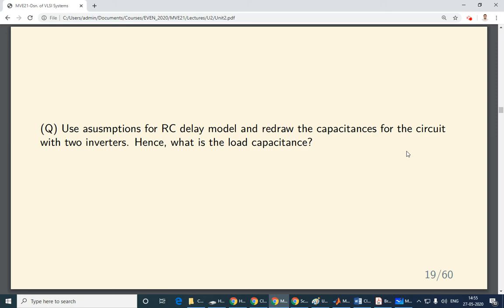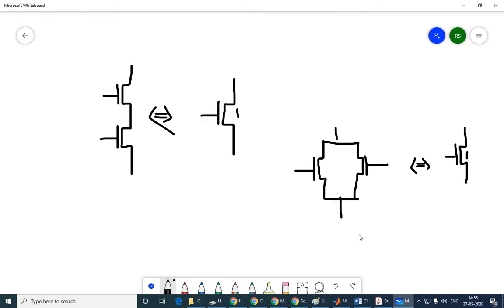Before we go there, let us look at transistors in series and parallel. We have two separate configurations and have only drawn the NMOS. The analysis will be very similar for PMOS, not different at all.